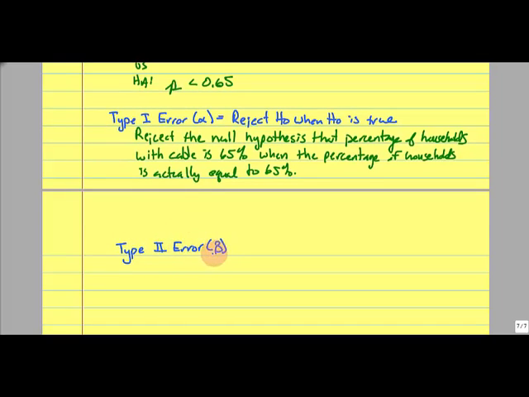Type 2 error is our beta error, and this is when we fail to reject H0 when H0 is false. Okay, so let's go ahead and write out what this would look like.